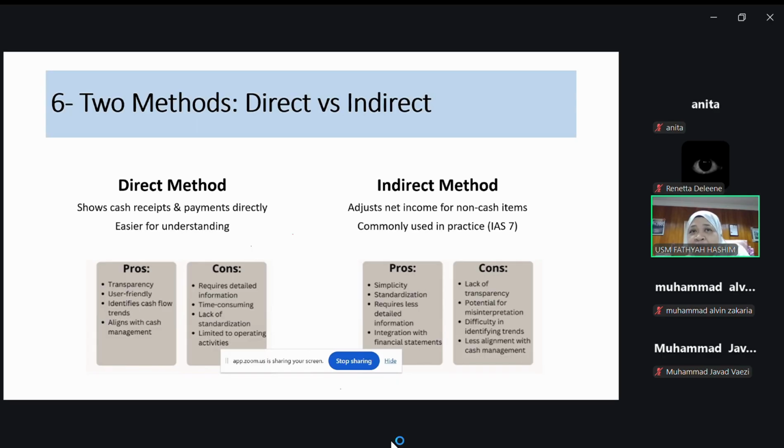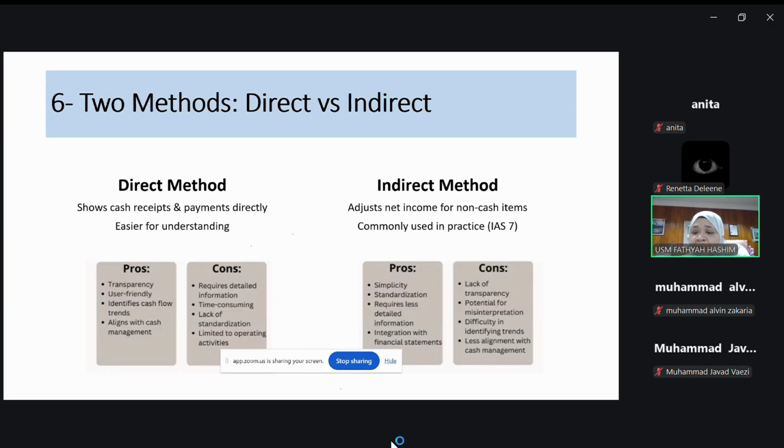There is a potential for misinterpretation when reading the cash flow statement, and undoubtedly it is quite difficult to identify trends as compared to the direct method. We know directly from which sub-activities contributed to the cash inflow. But when we are using the indirect method, it's quite difficult for us to make a comparison, especially between years.